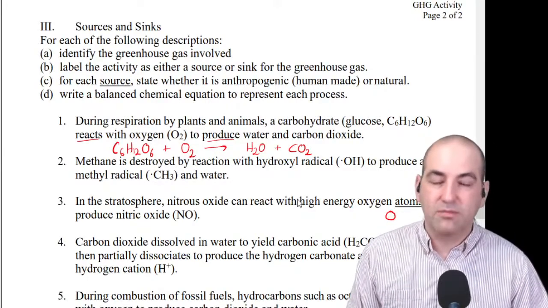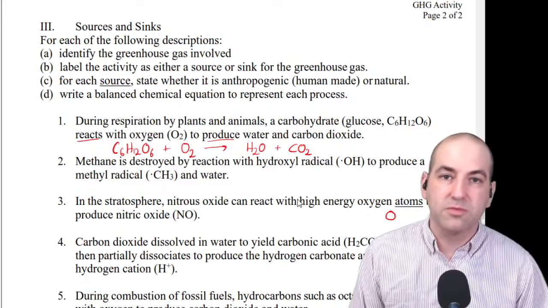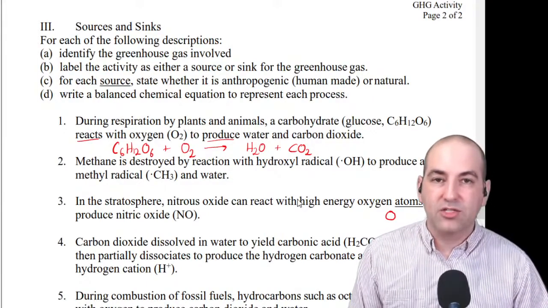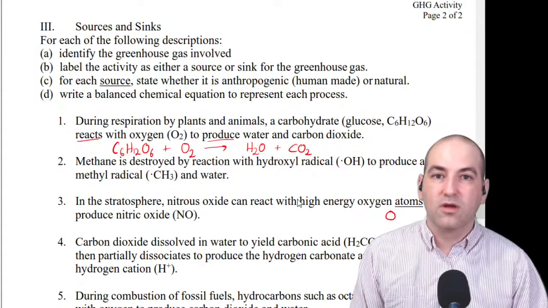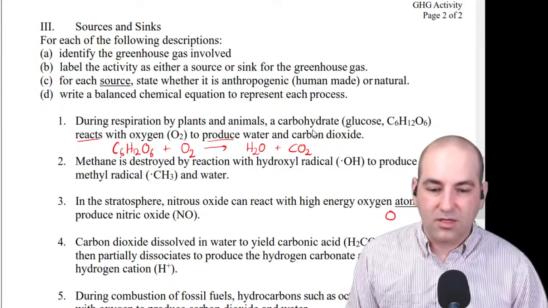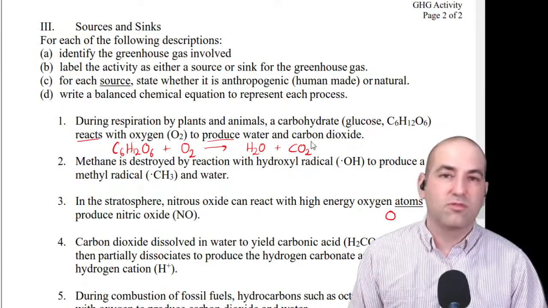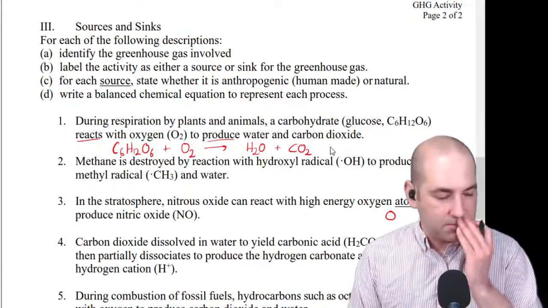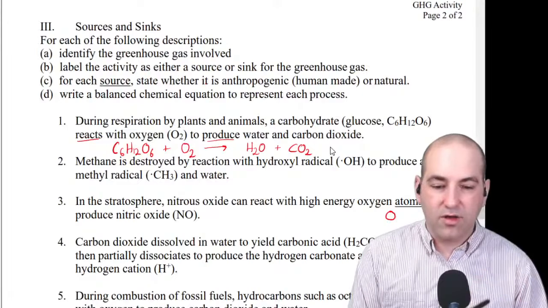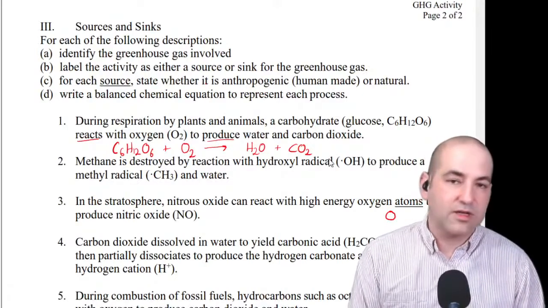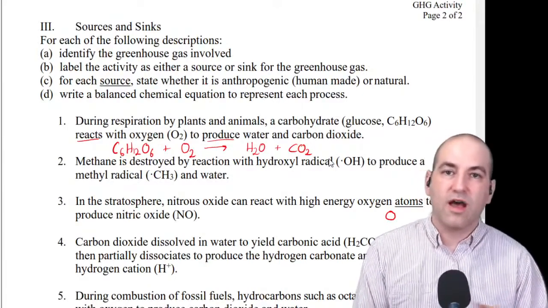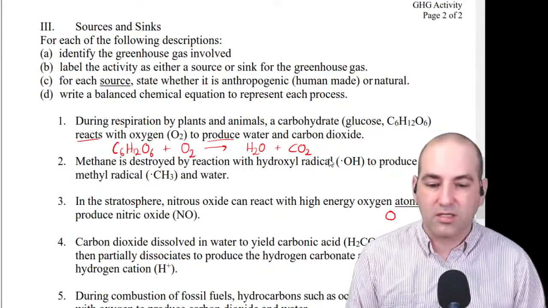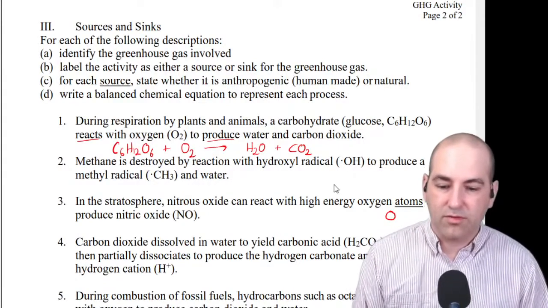So reread the question, make sure you're including everything that's supposed to be there. And then check your formulas as well, because if you write carbon dioxide as CO3 instead of CO2, that's going to cause problems for balancing the equation. So when you have all of those right and you still can't get it, then just send me a picture of what you've got or your work and ask, and I'll try to help you out through that.